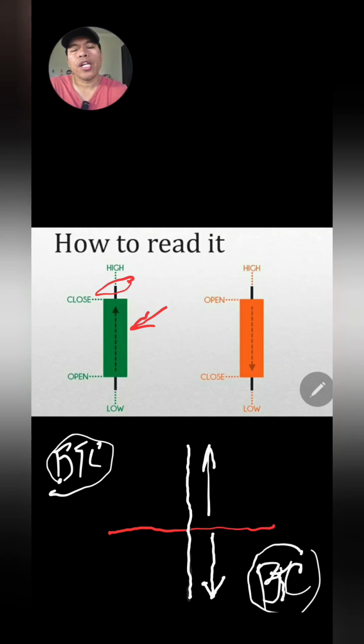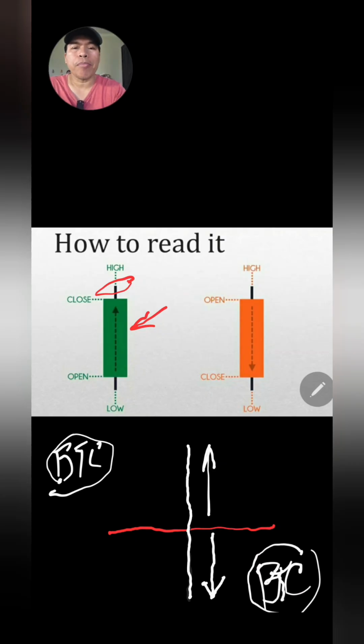Now, during that time, there will be a tug of war between the buyer and the seller. The seller said, okay, I want you to make the price higher. But the buyer said, no, I want it to be lower so I can buy BTC.